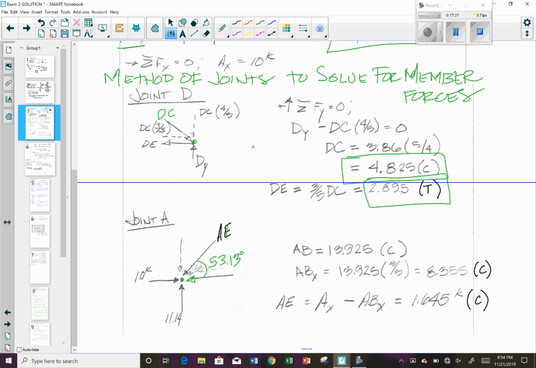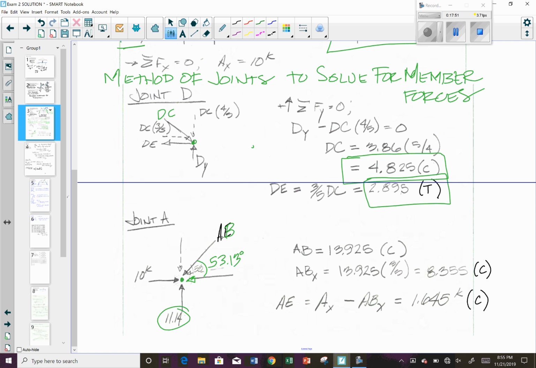is this, AB. AB is equal to 13.9, because I'm taking this value of 11.14, I'm going to convert into this component so that my AB is equal to 13.925, because I'm balancing this force now.